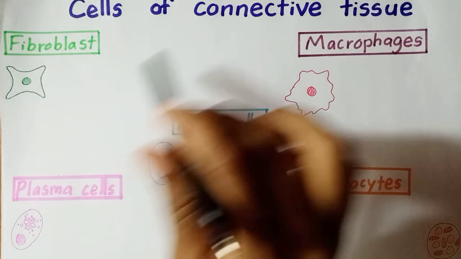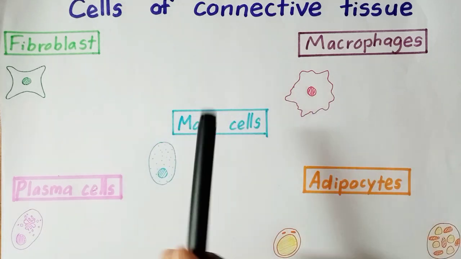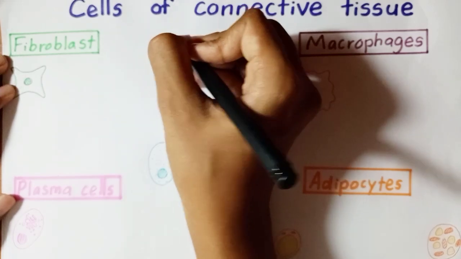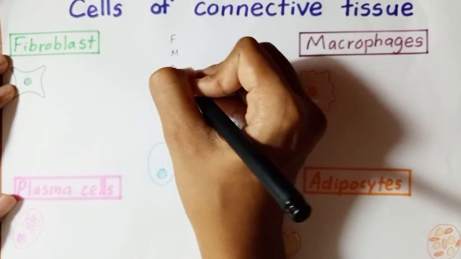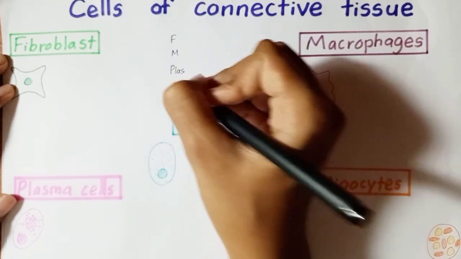So we can remember these 5 cells easily by this term: FM plasma.